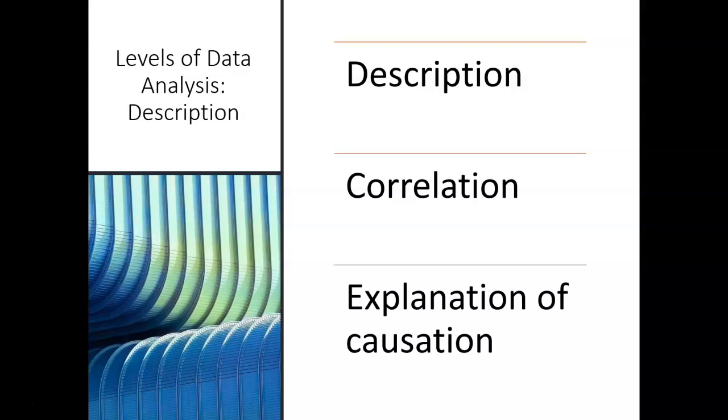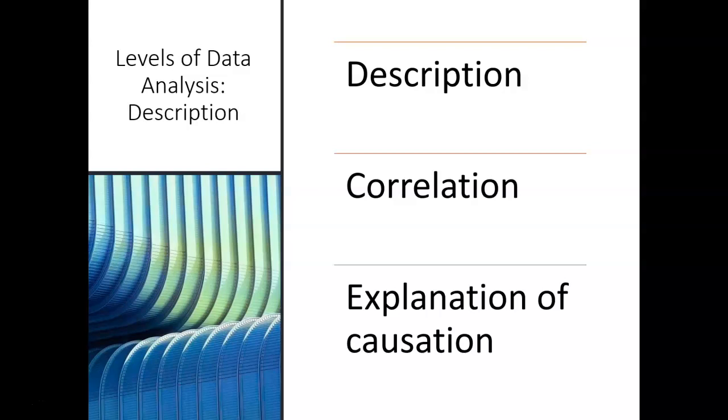When researchers talk about variables being connected, they mean, can I use one variable to predict the other and vice versa? And then the third level is a research question where you're really trying to determine cause and effect.